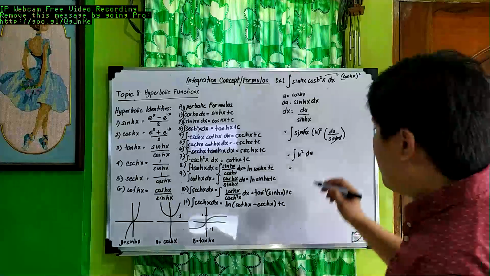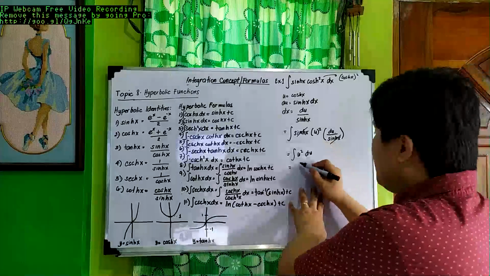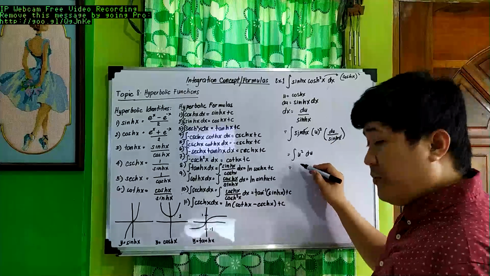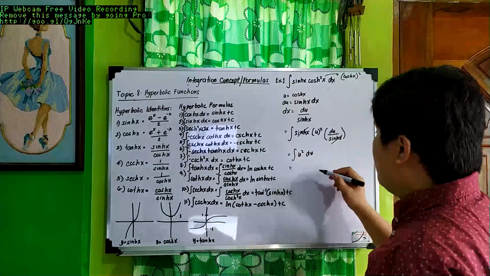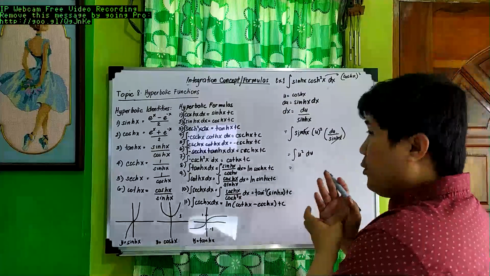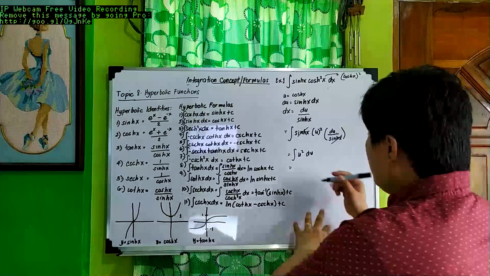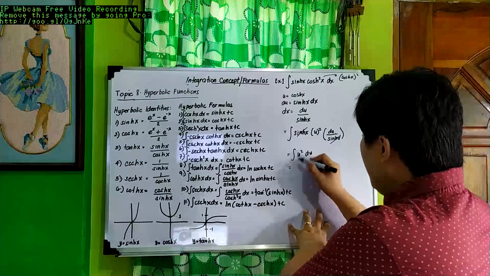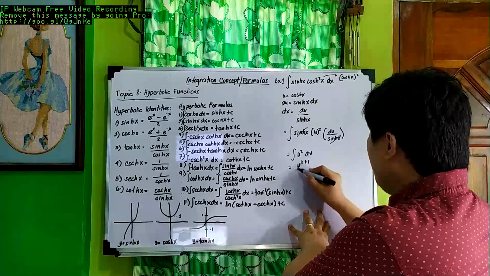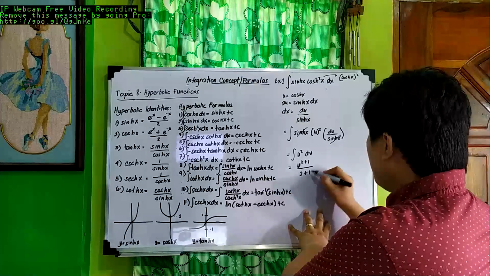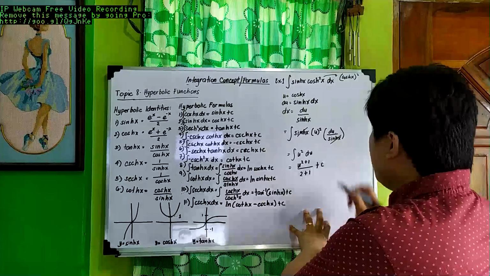And this is our formula. So integration of powers. Here you have the formula number 4. Okay. So identity number 4 of Peterson's book. Now we have u squared plus 1 over 2 plus 1 plus c.